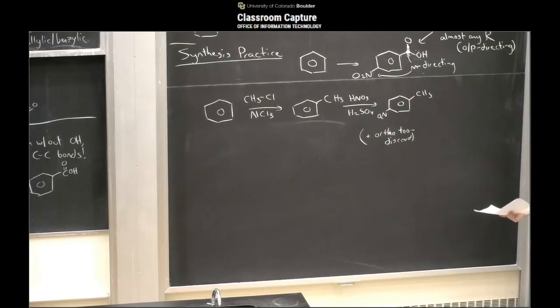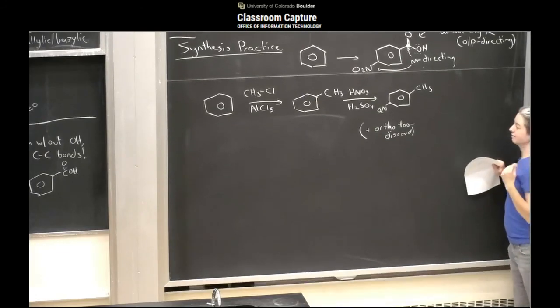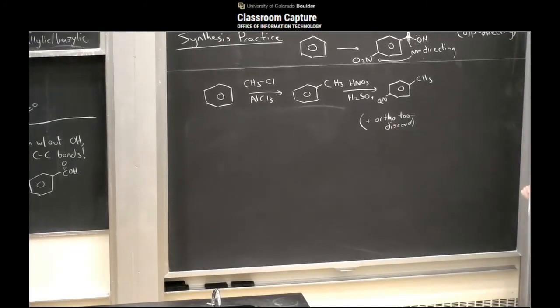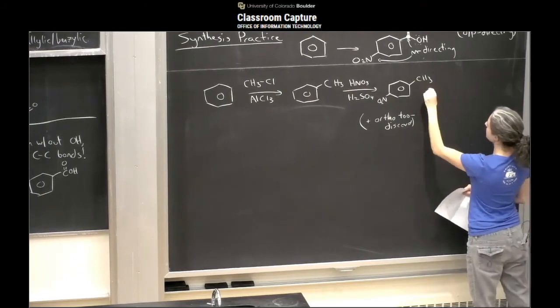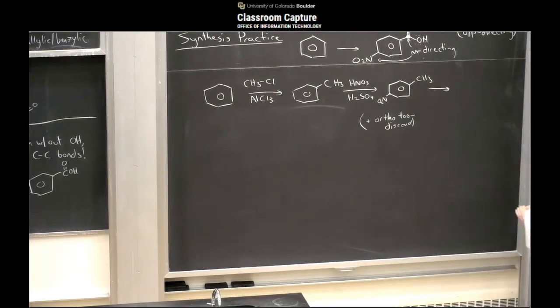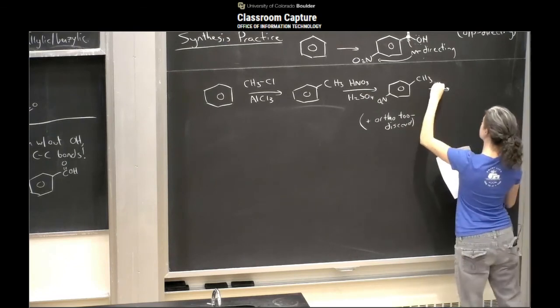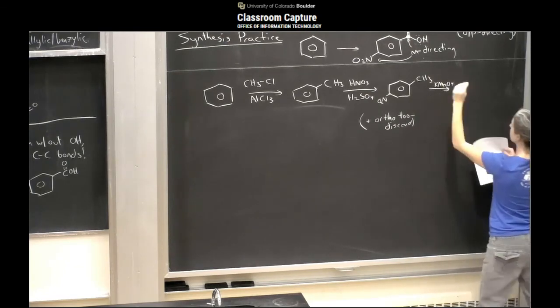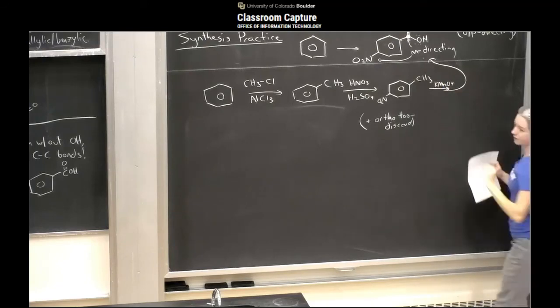Not much we can do about selectivity between ortho and para, unfortunately, most of the time. So assuming that we do the separation and get the para by itself, now we can take this alkyl group, hit it with KMnO4, and that'll get us to the product that we want.